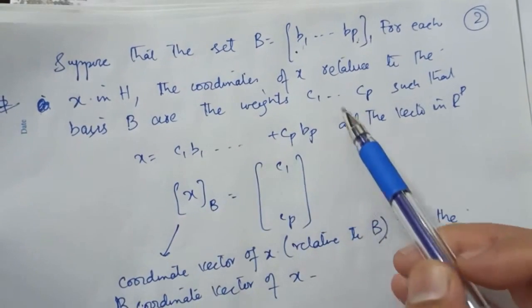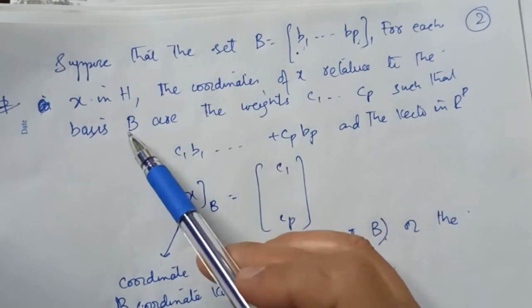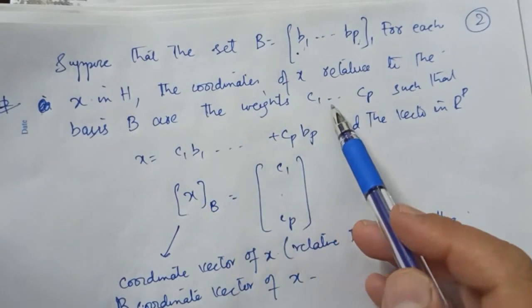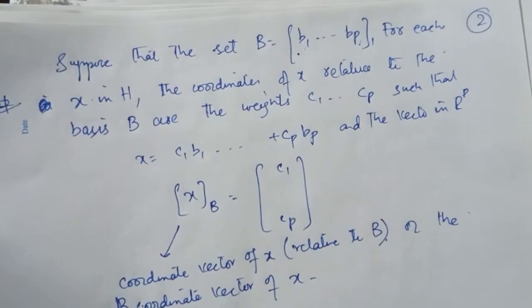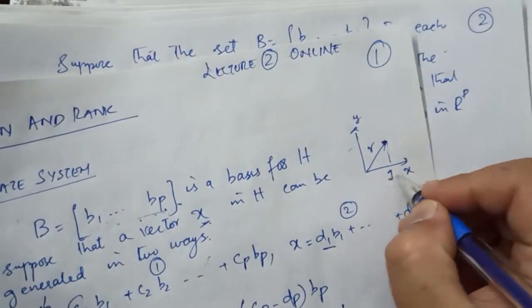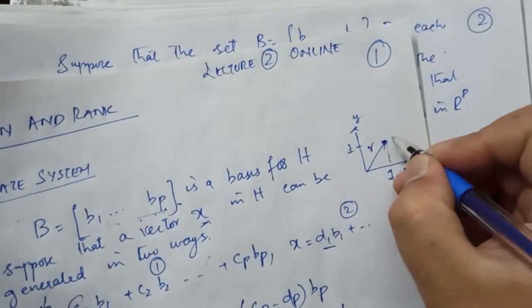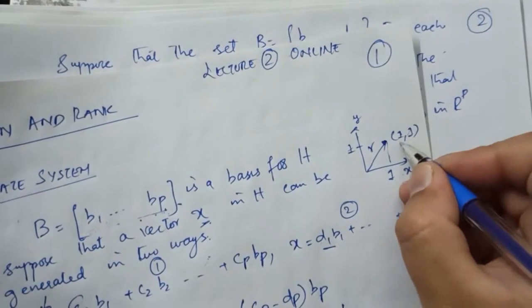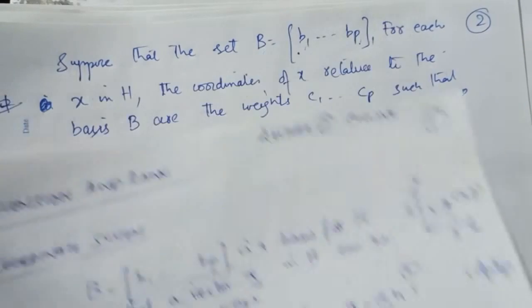So the coordinates of x relative to the basis B are the weights c1 to cp. Similarly here, for example, if this is 1 and this is 1, we normally write 1 and 1. So these are the weight of x and this is the weight of y.